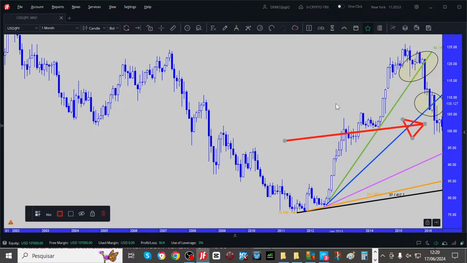What would you tell your trader? Would you tell your trader to sell? Would you tell your trader, oh, USD JPY on the monthly chart is down? Or would you tell your trader, oh, let's buy because USD JPY monthly chart is up? What would you tell your trader?